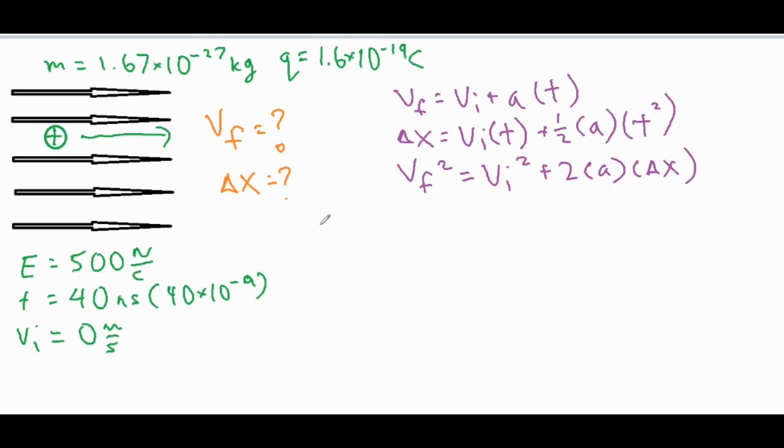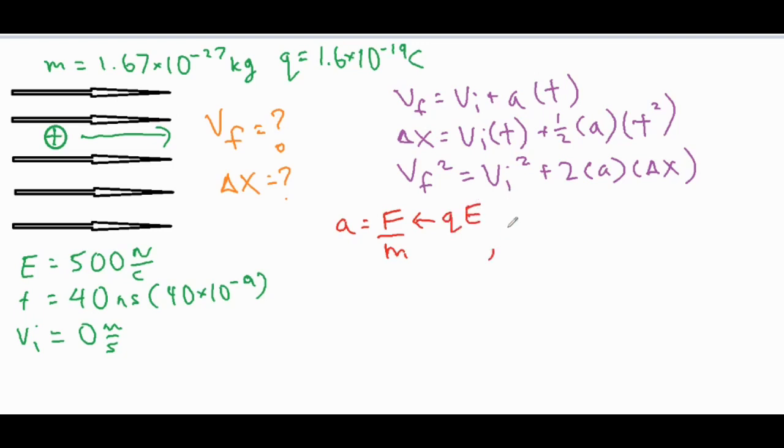Now, if we're solving for an a value, we know that acceleration equals force over mass. And if we're analyzing an electric field question, oftentimes we'll substitute in the formula QE for the force.